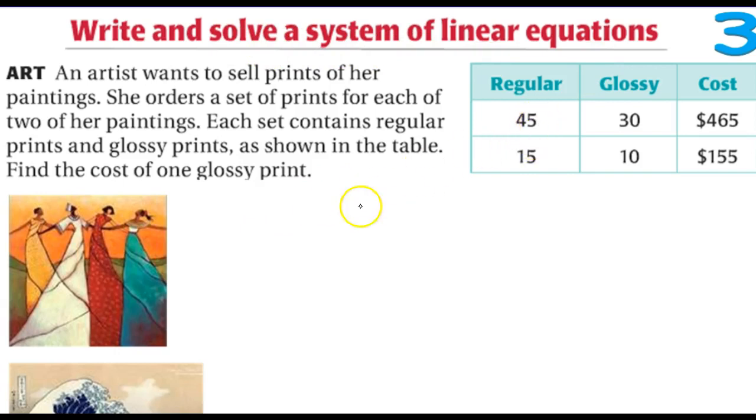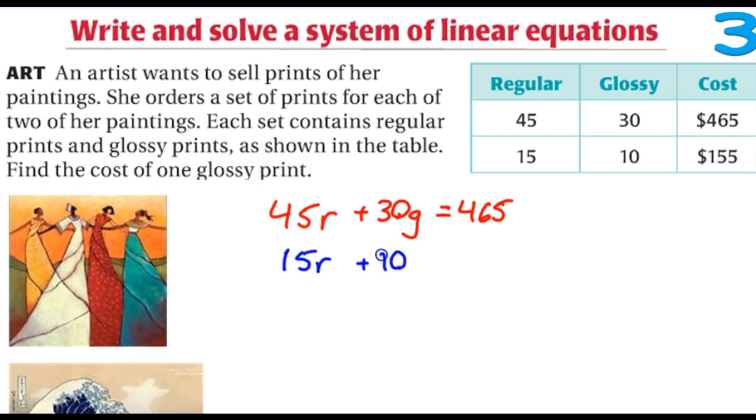So our first one we know is 45 regular, so 45R, plus 30 glossy, or 30G, equals $465. The second print that she gets is 15 regular, so 15R, plus 10 glossy equals $155.